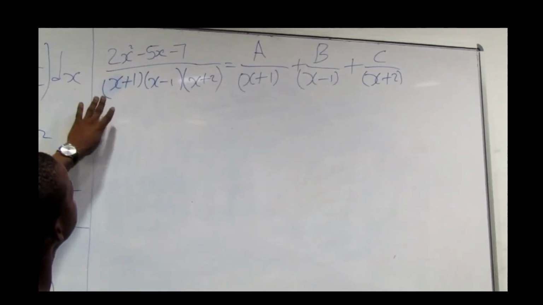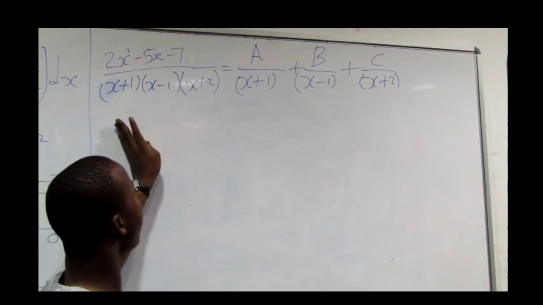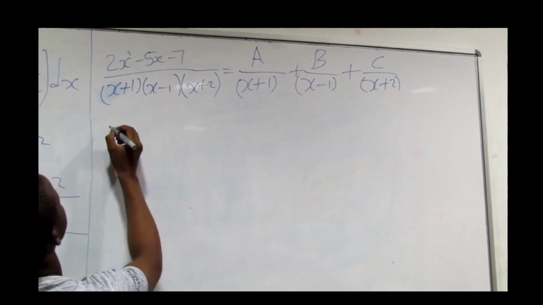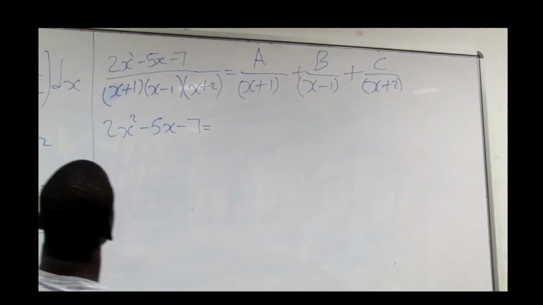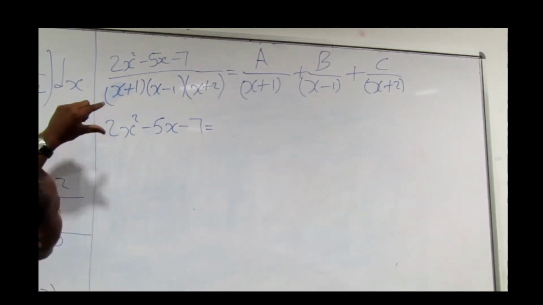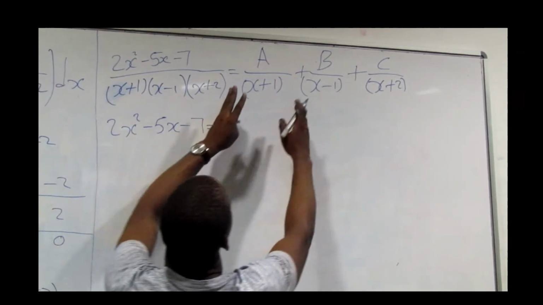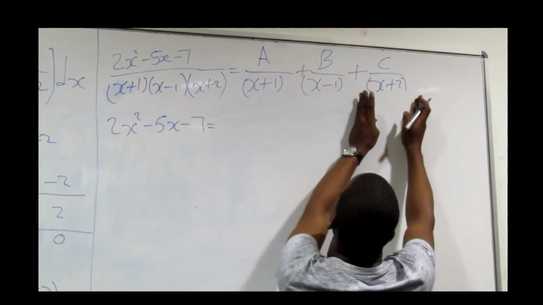Then when you arrive at this step, the second step is to take this denominator and multiply throughout. When you take this denominator, 2x squared minus 5x minus 7 equals, we are only going to be left with this numerator. Then this denominator is going to multiply this a, this b, and this c.